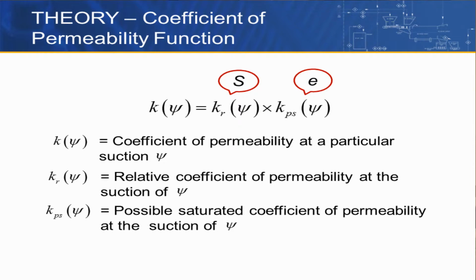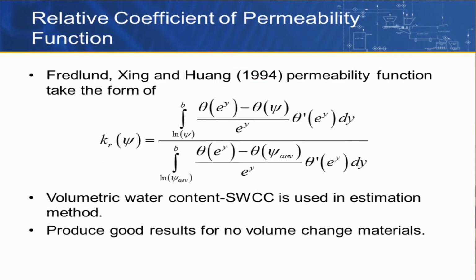Here, I put p in the subscript of the saturated permeability because it doesn't mean the soil is saturated at the soil suction, but the saturated coefficient of permeability corresponds to a void ratio at this soil suction. And originally, the Fredlund-Xing permeability function takes such a form.